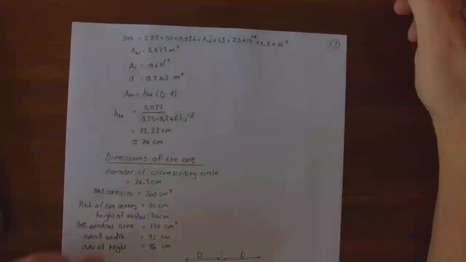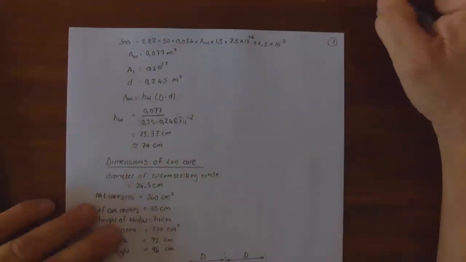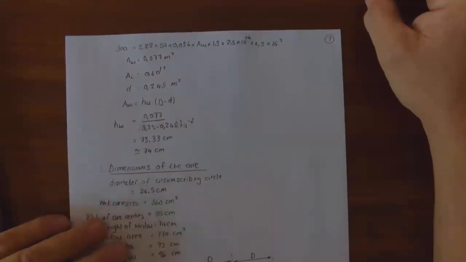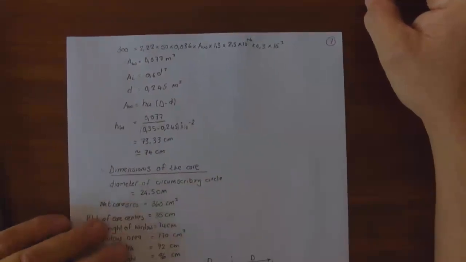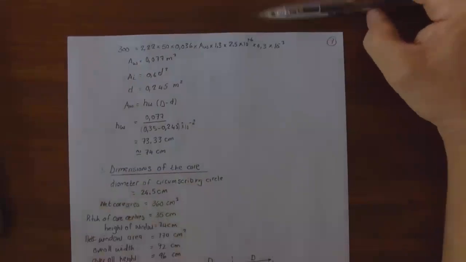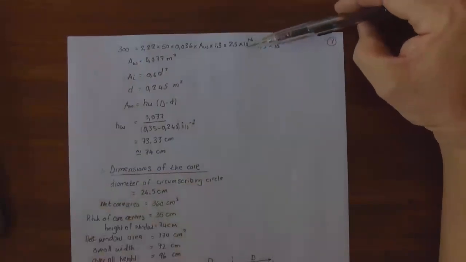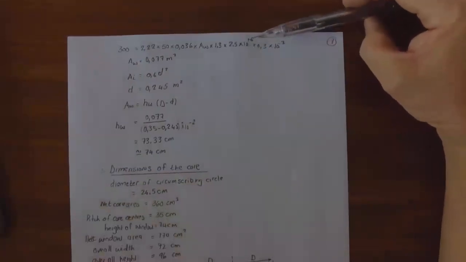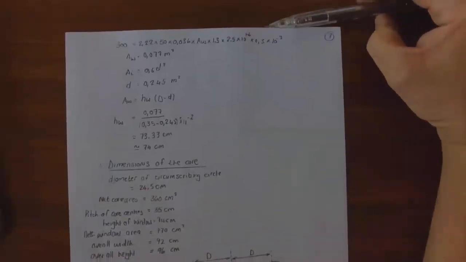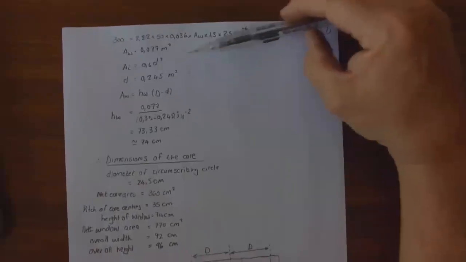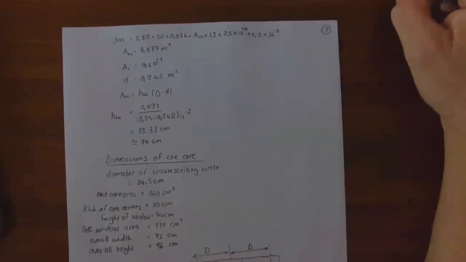Therefore 300 is 2.22 times 50 times 36.036 times Aw times 1.3 times 2.5 times 10 to the power of 6. Now remember, we take amp per millimeter squared to amp per square meter. Then we find that the area of the window is 0.077 square meter.